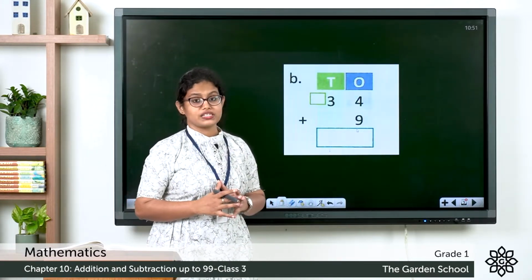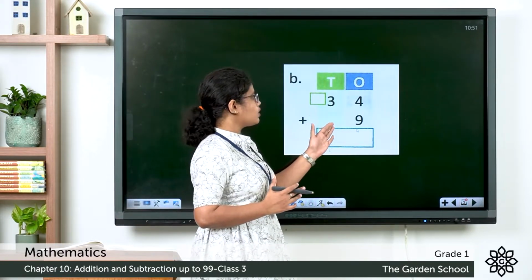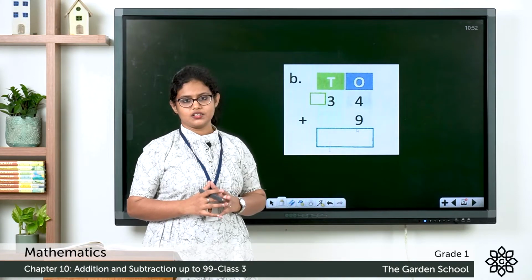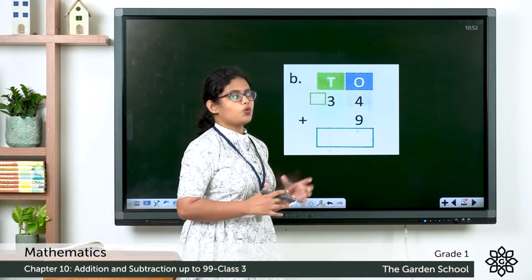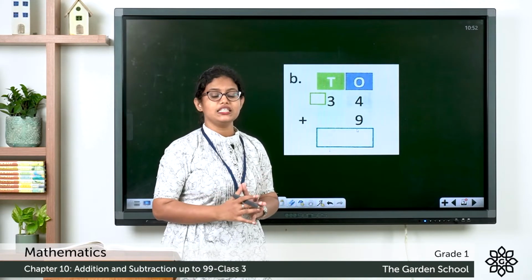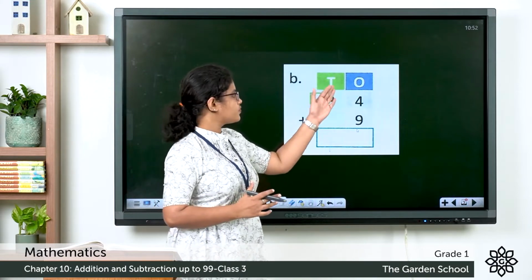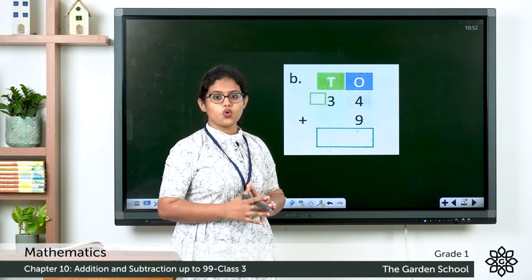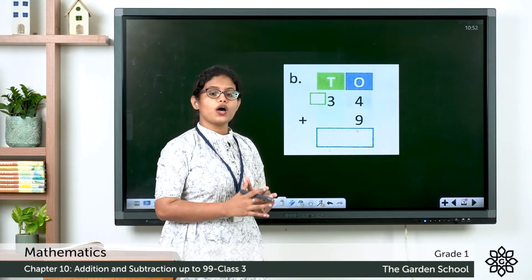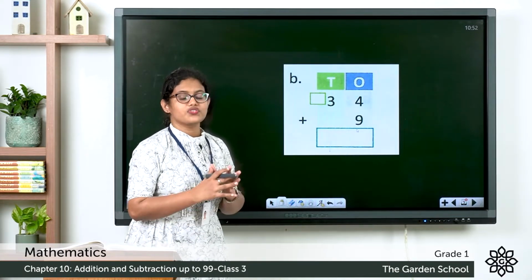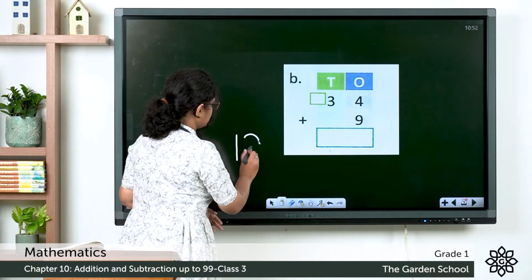Let's do some more examples. Which numbers are given here? 34 plus 9. What do we need to do first? Let's see the ones place. 4 ones and 9 ones. 4 ones plus 9 ones makes 13.